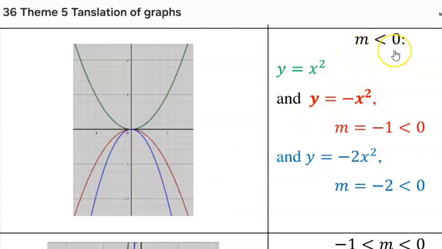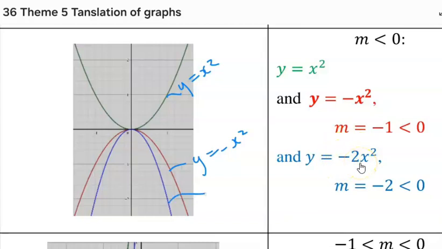So let's go a little further. Again, m is less than 0. And we've already discussed the green graph and the red graph. So this is my y equal to x squared. This is my y equal to minus x squared. So now I get this graph here, and we see that the m value here is minus 2.